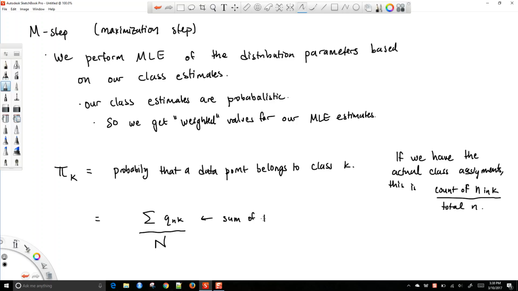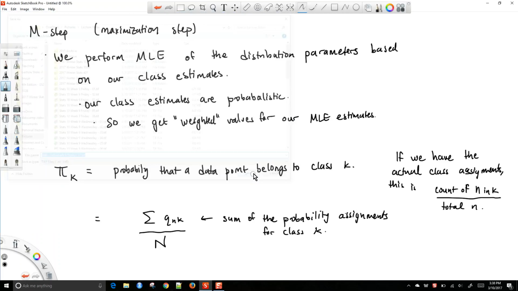The sum of the probability assignments for class K. All right.